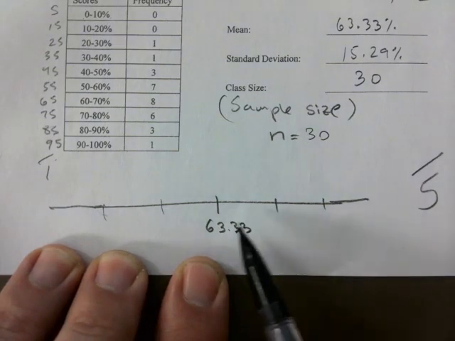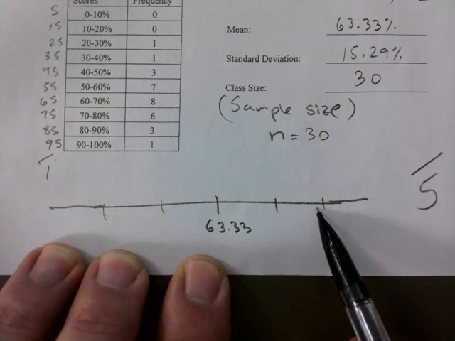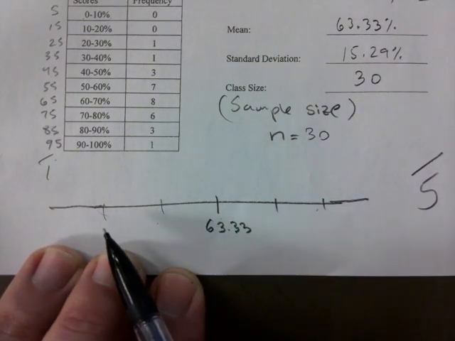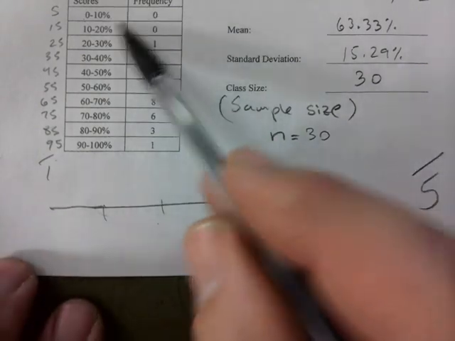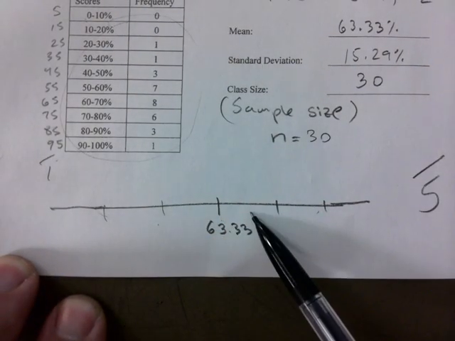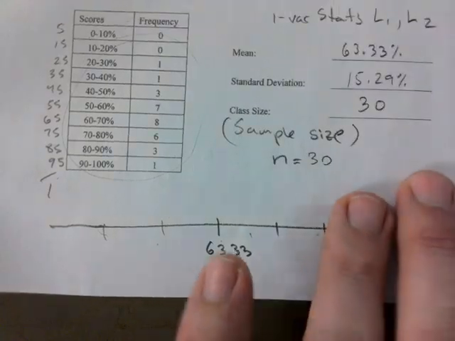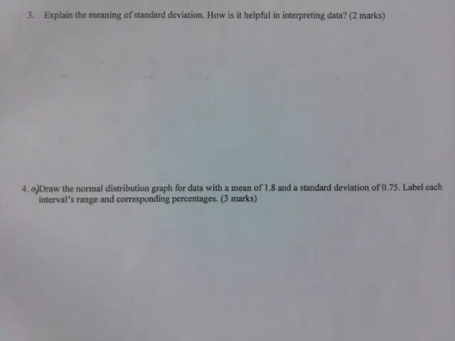You could do that, right? You add standard deviation as you go to the right, you subtract as you go to the left. You could transfer this information into this, which we will do later on. Okay, so it is possible. Once you have your standard deviation and your mean, you could transfer that to a normal distribution curve.